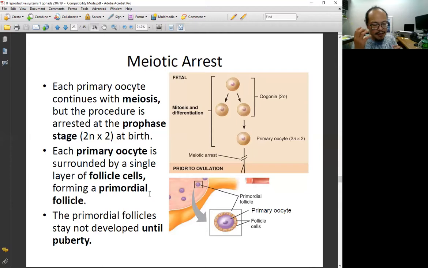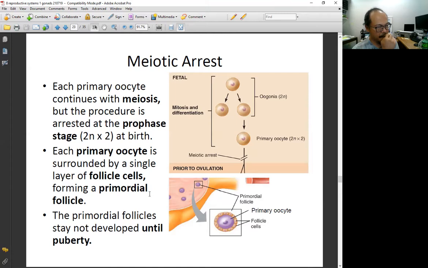So that's that. The idea is that oogonia only conduct this mitosis before birth. All right, there are some important periods that we need to know. One is a term called the meiotic arrest. What's that?